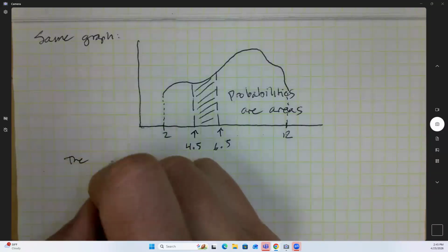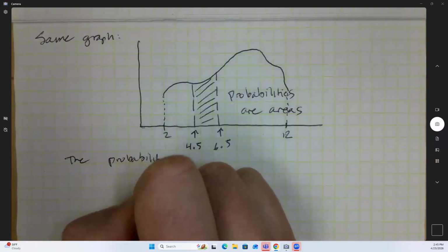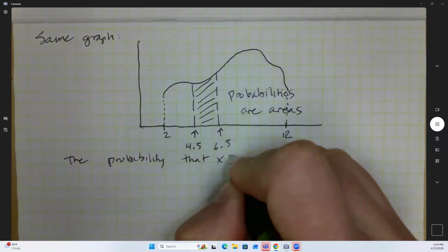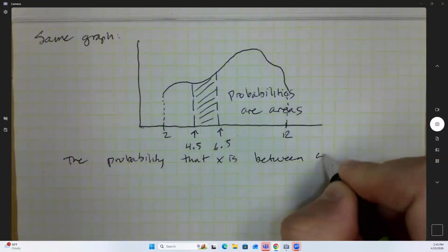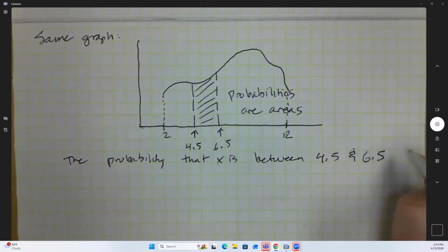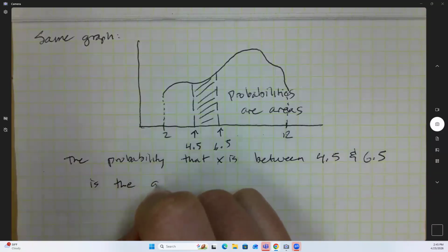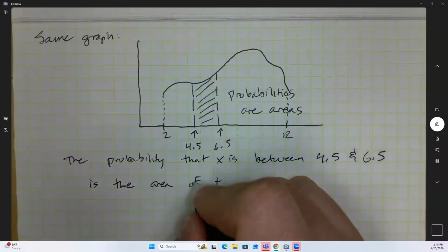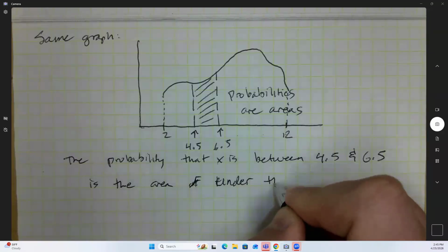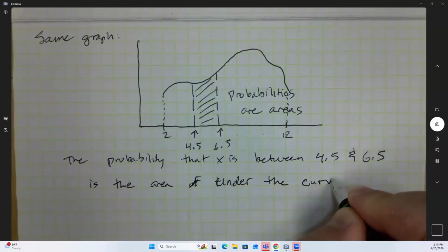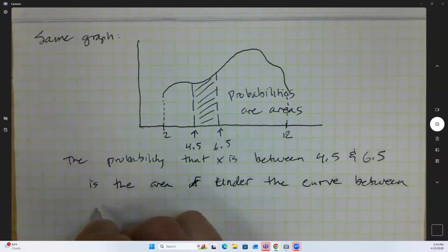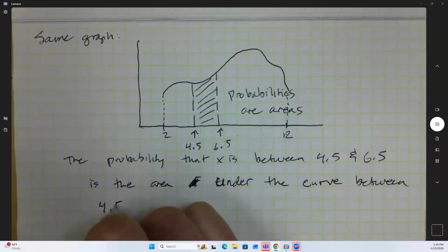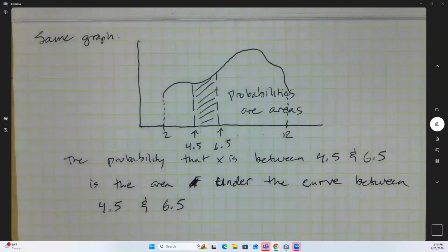So I would say that the probability of observing X between, we just say the probability that X is between 4.5 and 6.5 is the area under the curve or the line, the graph between 4.5 and 6.5.